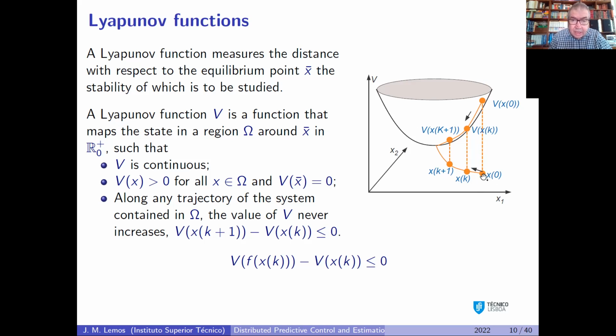So for these states, V is defined. So at x0, I have some V of x0. For xk, I have some V of xk, etc. Now, when I move along a trajectory, for V to be a Lyapunov function, the V must be non-increasing. That is to say, it must decrease or at least become constant.